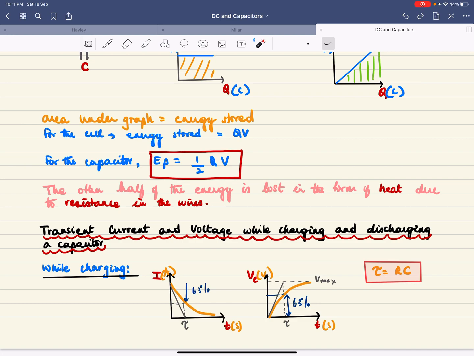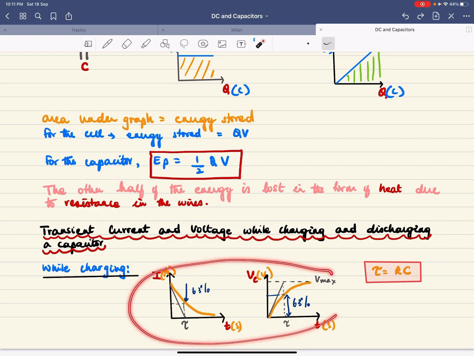Now, what is this time constant? It's the time taken for the current or the voltage to change by 63% of the maximum value. It's also, if the rate had not changed, how long would it take to charge or discharge a capacitor? Ideally, it takes about 5 time constants for a capacitor to be fully charged or discharged.